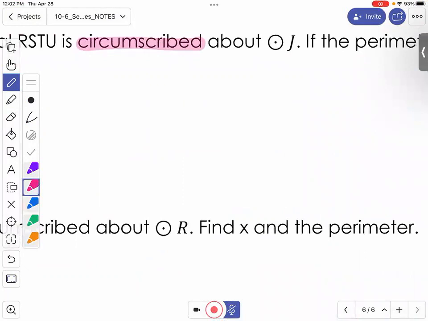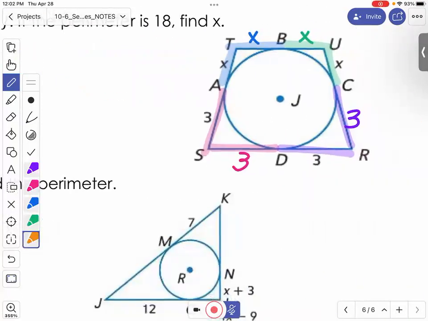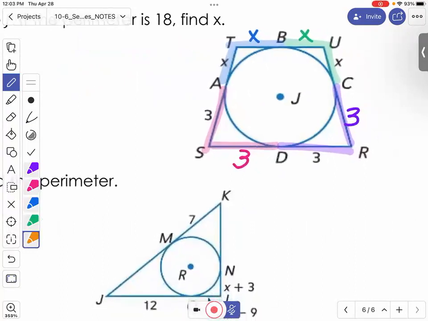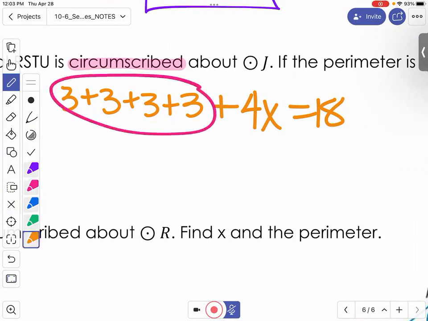So in that figure, I had 4 3s, so 3 plus 3 plus 3 plus 3. Again, there were 4 of them along the bottom sections. Then I had 4 X's on top. So plus my 4 X's on top has to be 18. So combine like terms. All of these 3's make a 12. So 12 plus 4X has to be 18.